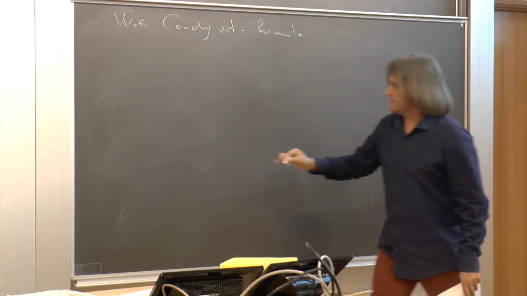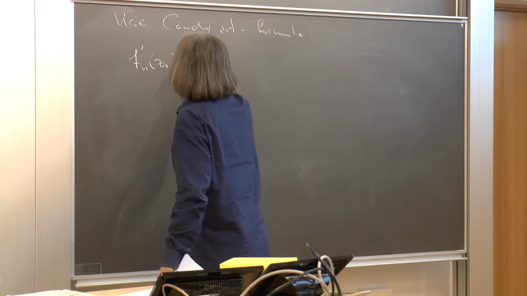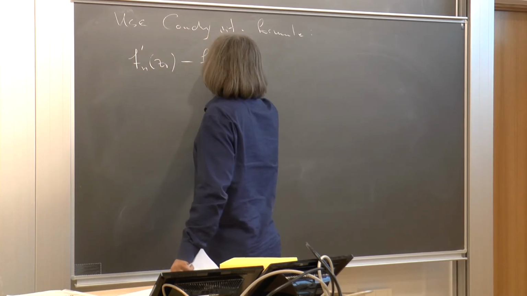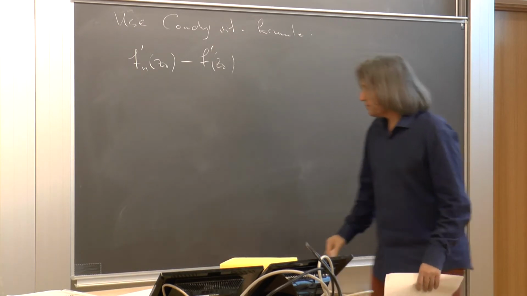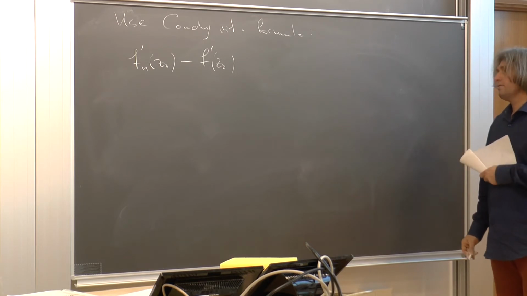Let's write this difference: Fn prime of Z naught minus F prime of Z naught. And for both of them, we use the Cauchy integral formula.